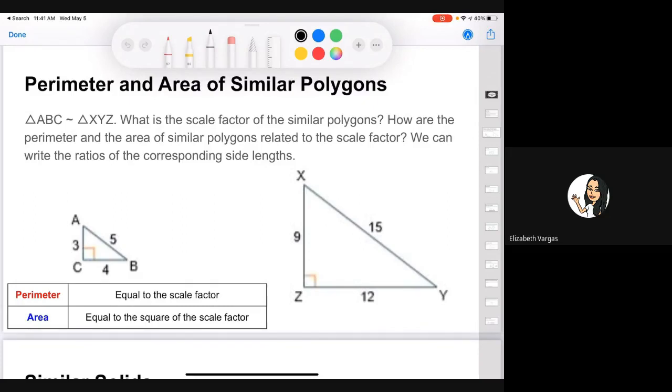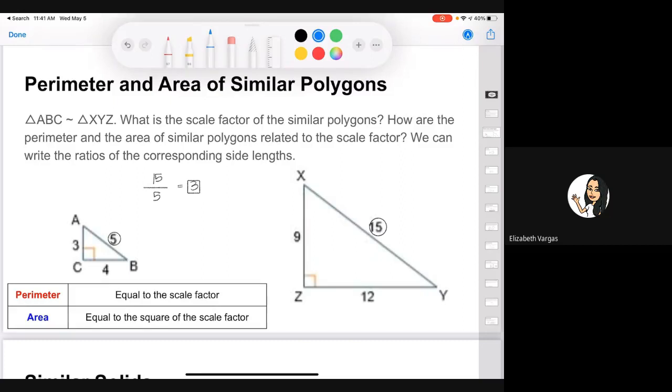Okay? And so my side opposite my right angle is 15 in the big one and 5 in the small one. If we divide those two, we get 3.